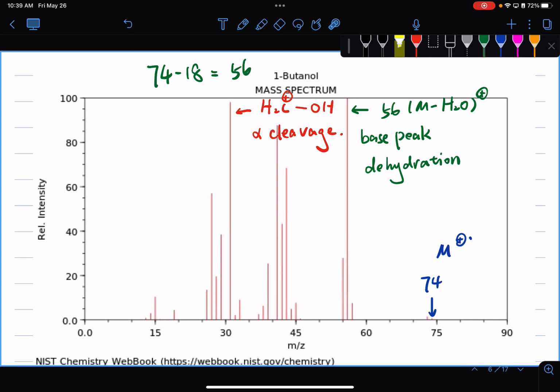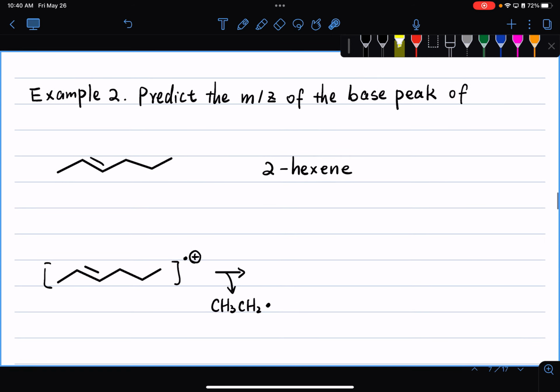All right. One more type of example. We can do it in reverse. We can give you the molecular structure and ask you to predict the m/z of the base peak of 2-hexene. So we're talking about prediction of the base peak. Essentially, what that question is asking is at which position we cleave a carbon-carbon bond to get a stable carbocation intermediate.